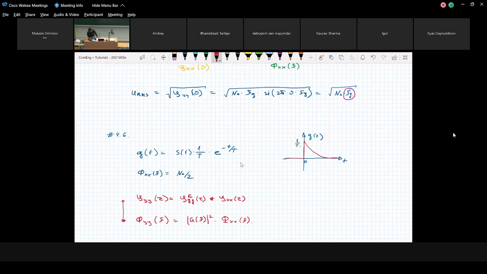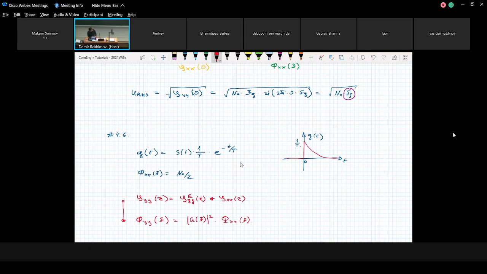Typically it's easier to do it with the transfer function, but for this case you can also calculate the autocorrelation for the noise, the delta pulse. But let me see what we need.